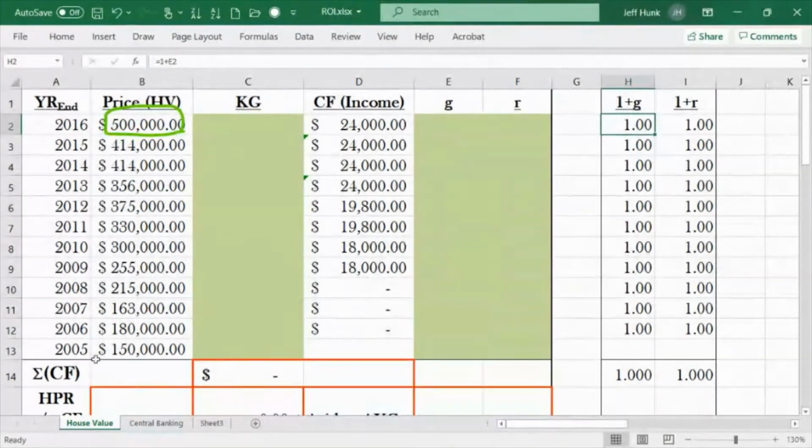So let's say you bought a house at the end of 2005. Okay, you don't necessarily buy anything at the end of the year. You can buy it at any point. I mean, you can buy it in January or February, March. At any point in time during a year.